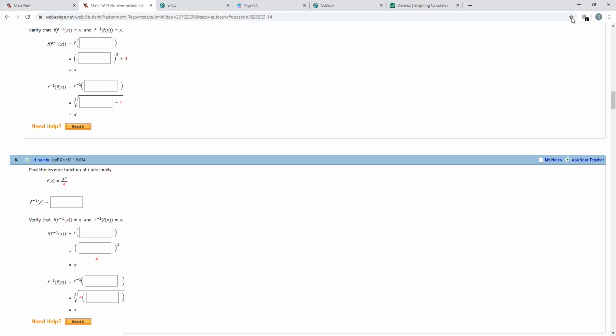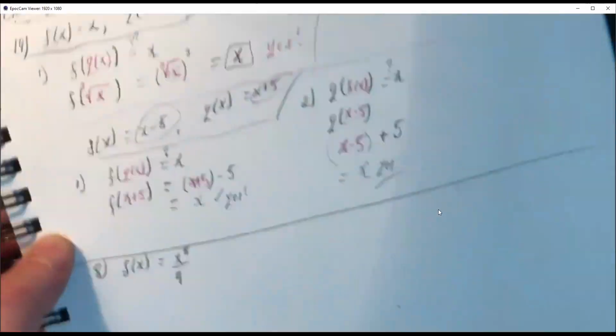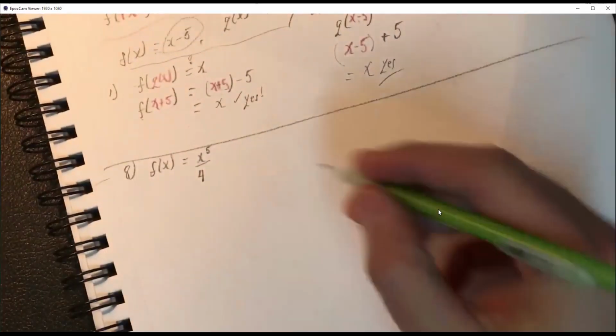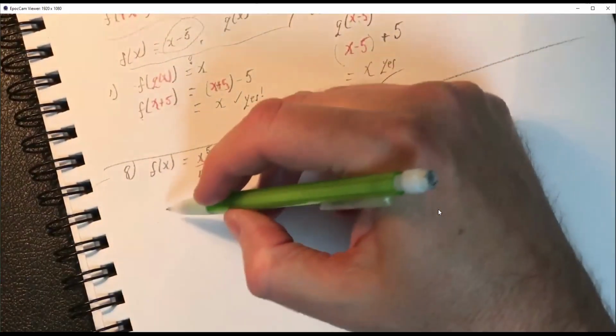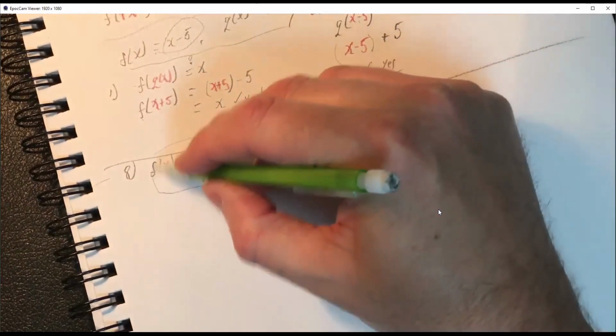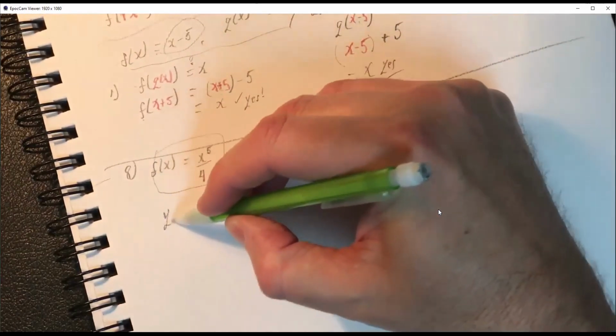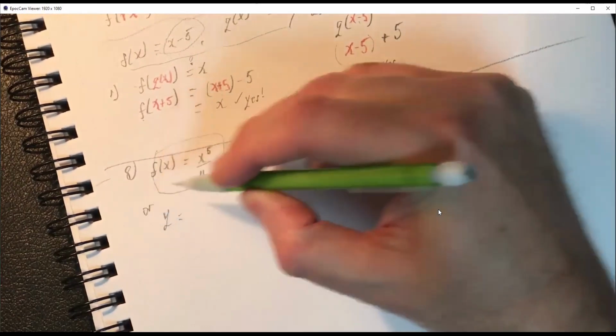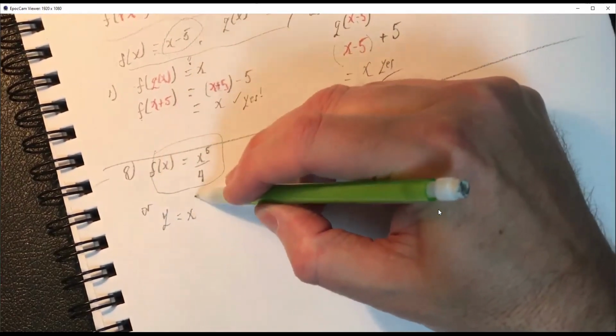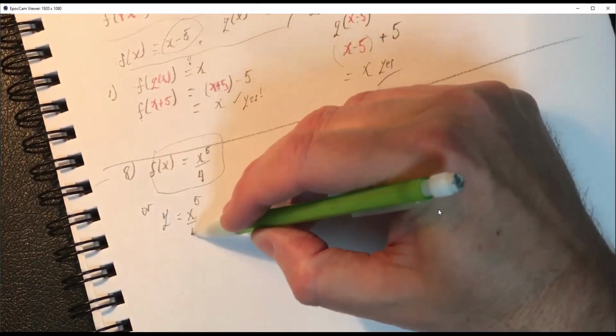So I'm going to go to the notebook now. And now we're going to figure out the inverse. So we can write y equals x to the 5th divided by 4.